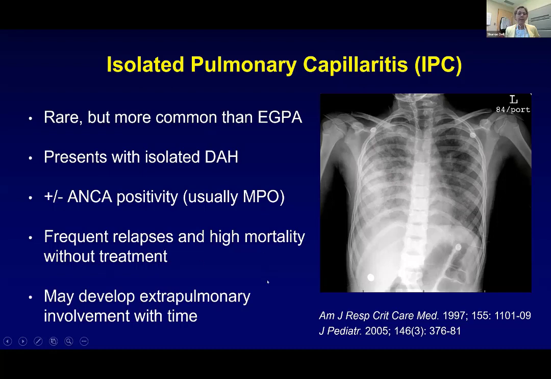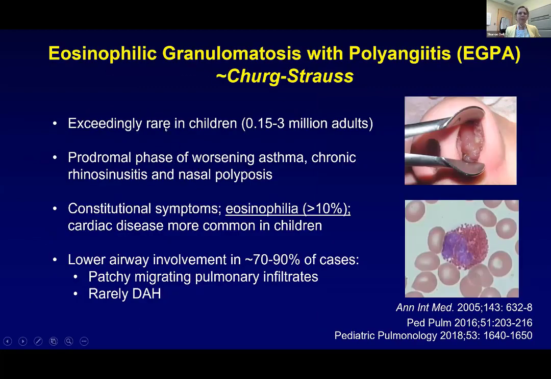So that's one of the reasons that it's good to think about it in the same basket as vasculitides. And this is a disease where extrapulmonary manifestations may also develop over time.